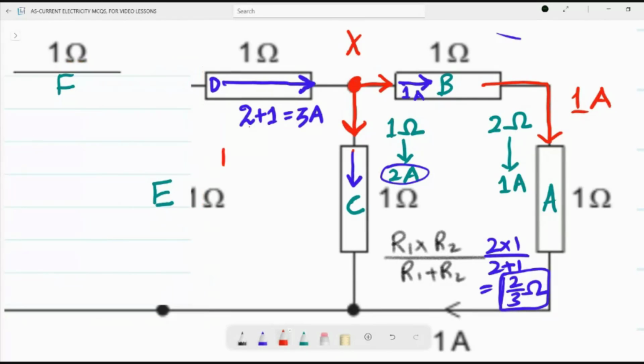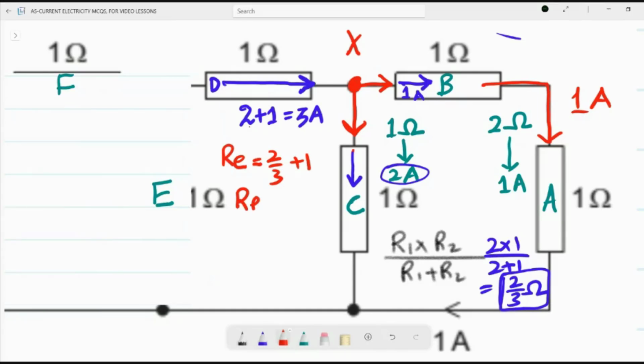So the overall resistance till this point, which is exposed to you, is 2/3 plus 1, because this resistor D is in series with all the combinations, as I told you earlier.